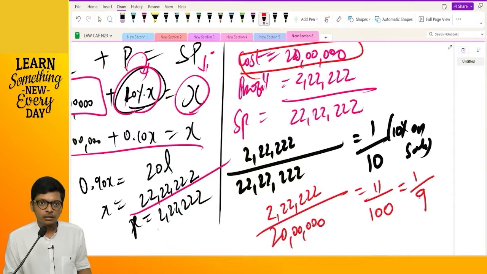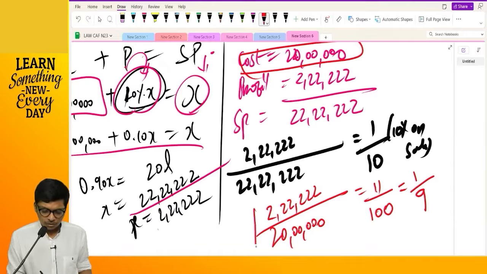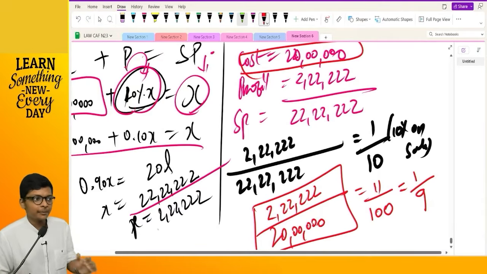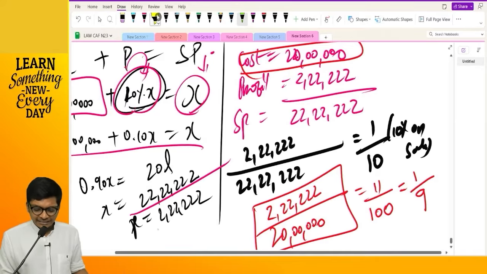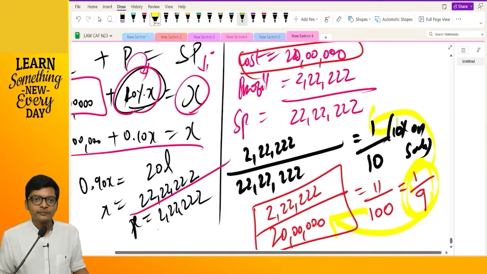Correct? Is it 1 by 9? If you keep dividing by 2, it becomes 1 by 9. Yes, it becomes 1 by 9. So I can tell, if anything is 1 by 9 on cost, it's 1 by 10 on sales.